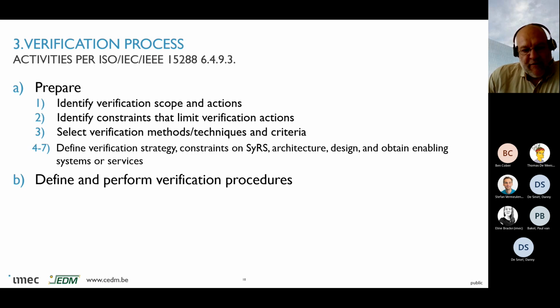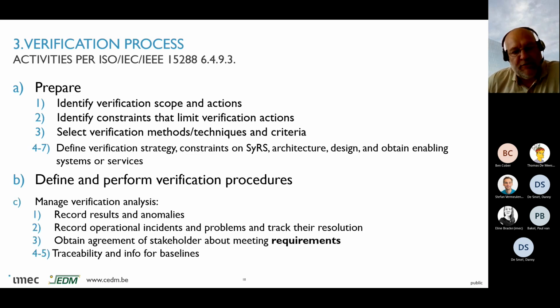We define and perform the verification procedures, and then we have to manage all this. That means that, of course, we have to record the results, but also any anomalies, incidents or problems that are encountered when you perform the verification.